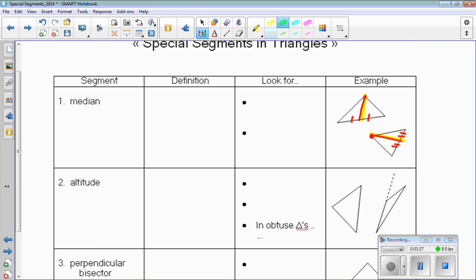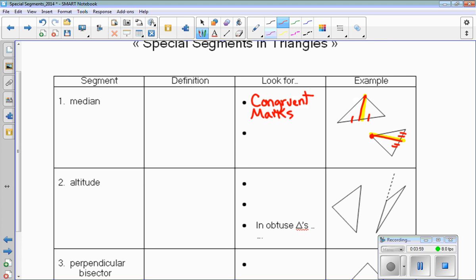All of the things that we're doing today, we're going to be creating segments in a triangle. We're actually going to be constructing them as well. But we're going to start with the median. Some things that we want to look for to make sure that it's a median is you want to look for congruent marks. Would you agree with that? Because if it's a median, it has to make sure that that side is cut in half.